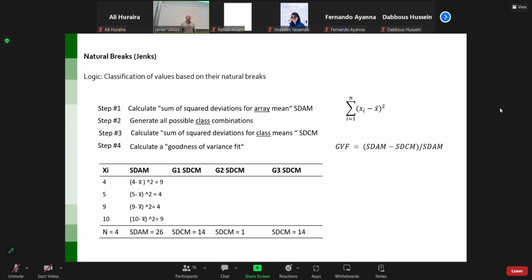So what is the next possible group? Okay, and can you continue the table? Calculate it. And I can provide you with the results here.